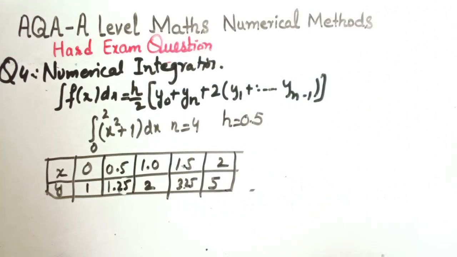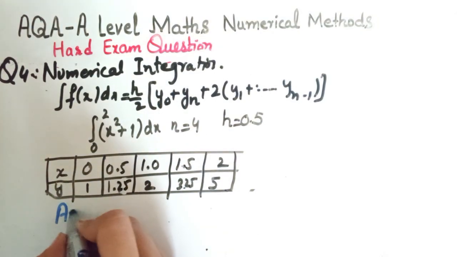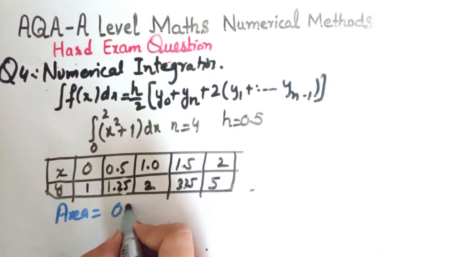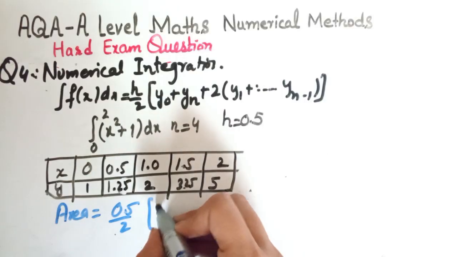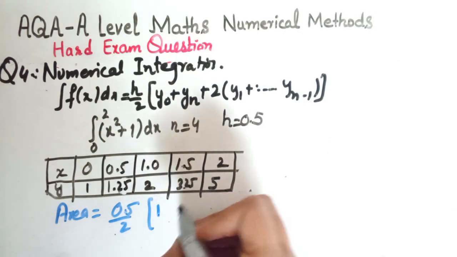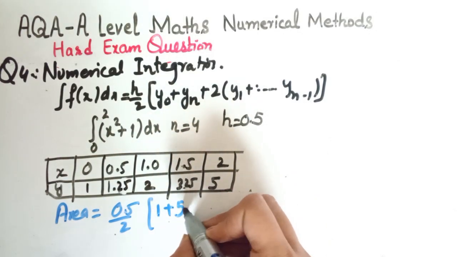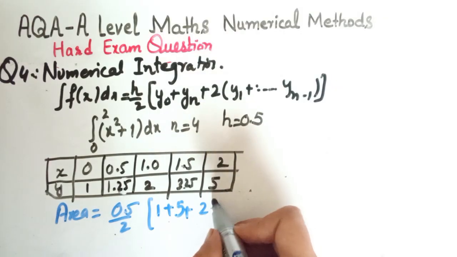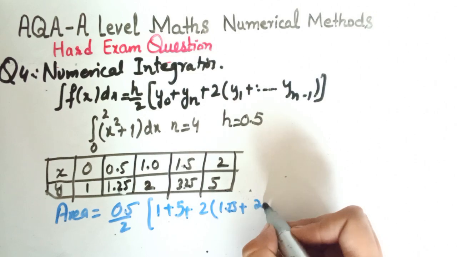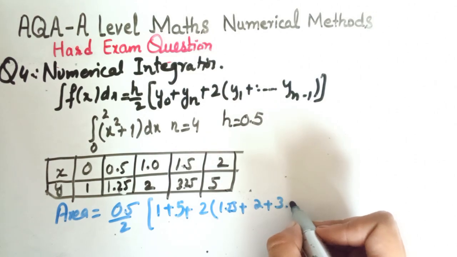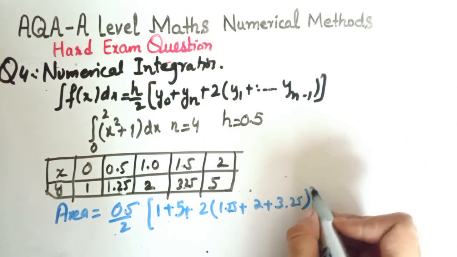Now we will apply the trapezoidal rule to find the area. So area equals, first of all, h by 2, 0.5 by 2, times y0 is 1 and yn is 5, plus 2 times y1 is 1.25 plus 2 plus 3.25.